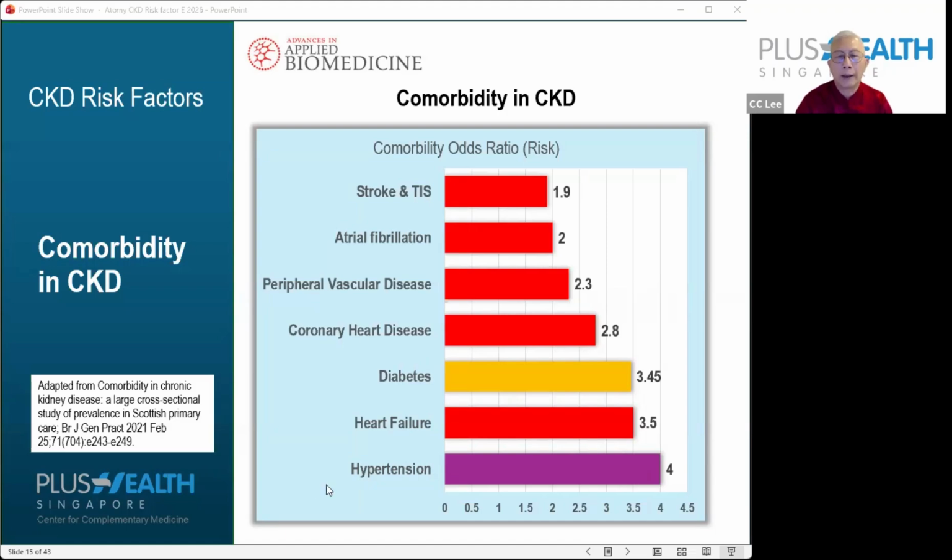And coronary heart disease itself. So hypertension is very prevalent and very commonly found as a comorbidity in CKD. And the reason is very obvious, because kidney function affects your blood pressure.